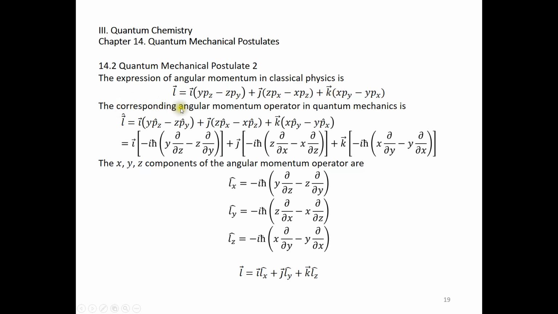The corresponding angular momentum operator in quantum mechanics can be written similarly. You just don't forget to put a caret on top of the momentum, and we have this expression.